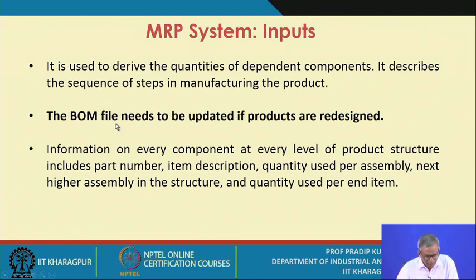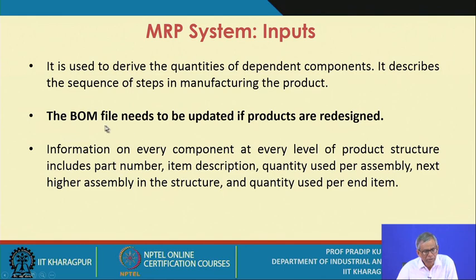So the bill of material file needs to be updated if products are redesigned. So this is very, very important. The same product may be available in different models or different versions, and sometimes technically they are referred to as the design level. So a product may be offered in 4 design levels, that means 4 specific models, or as you create a new design level, the old designs are discarded.